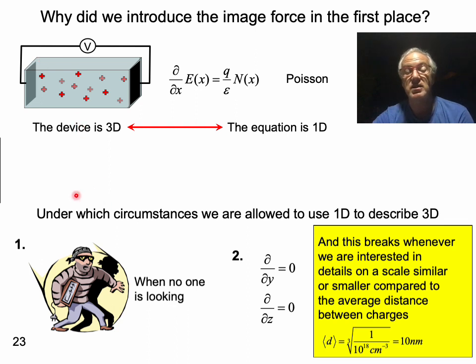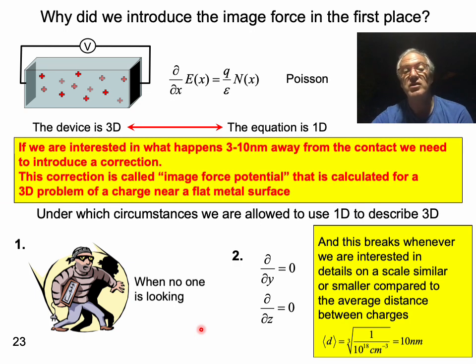So in that case, the assumption that we can use the 1D equation breaks. We really need to take into account the fact that we have separate charges when we are getting really close to the metal.